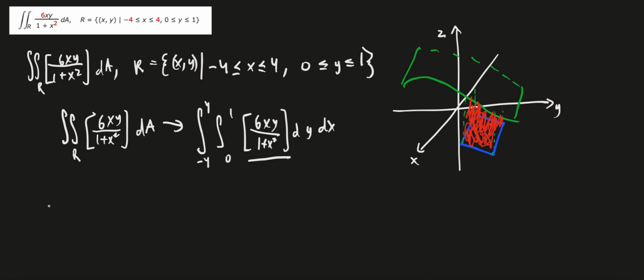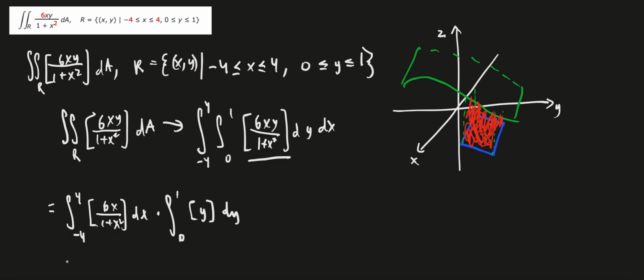So what I can do is set this up as the integral from -4 to 4 of 6x over 1 plus x squared dx, times the integral from 0 to 1 of y dy. That's equivalent to that. You might not know this kind of trick, but once you learn it, it's definitely pretty nice to use for some problems to ease up the integration.